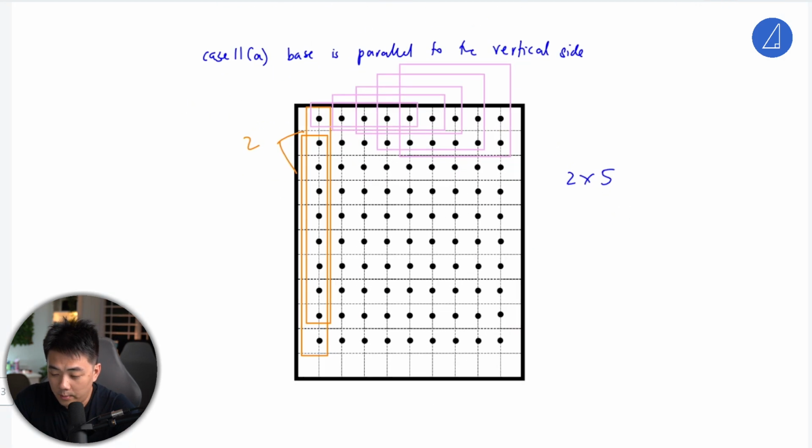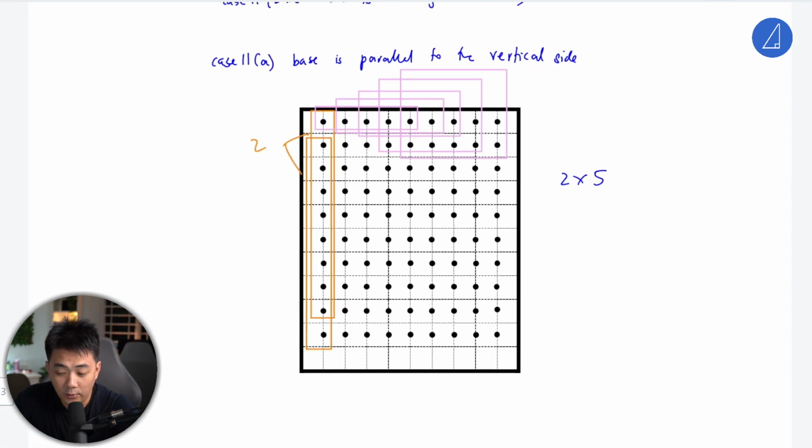Now, the problem is essentially how do you choose the last vertex, right? So let's say I choose the base as this 8 guy here, and essentially I could choose any of these 4.